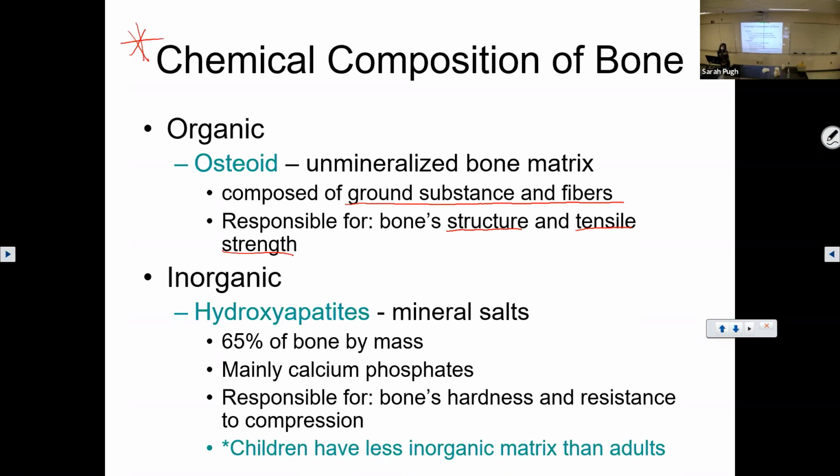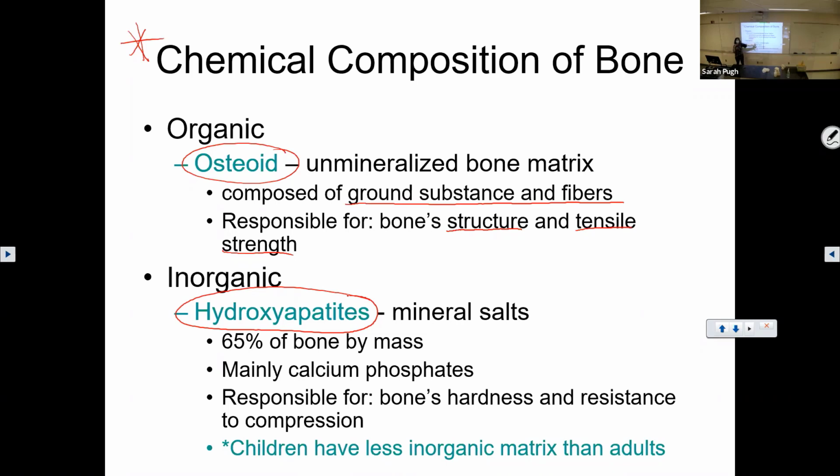The inorganic part of your bone is called hydroxyapatite. And hydroxyapatite is basically calcium. It's the mineral salts, so the calcium salt. So the organic stuff is basically the extracellular matrix without the calcium in it.